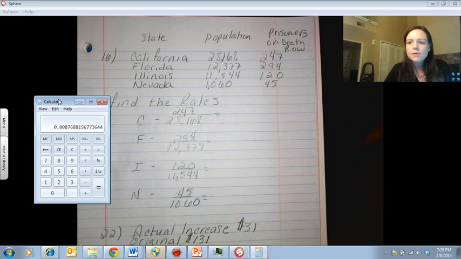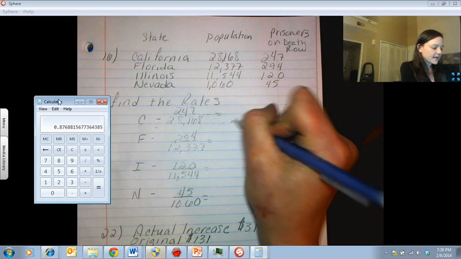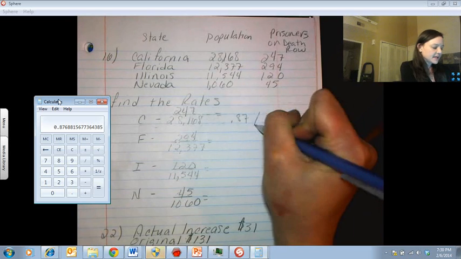If I want to turn that into a percent of the population, I'm just going to multiply it by 100. So California only has 0.87 of a percent, not even an entire percent of the population on death row, right? So approximately 0.87 percent.